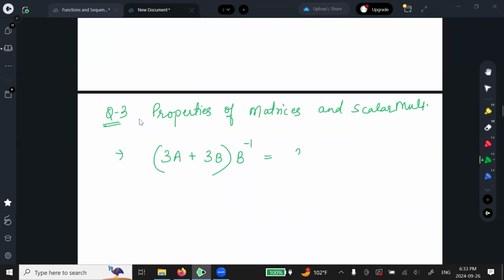Simplify this. So A goes with B inverse plus 3B times B inverse, right? Questions like this, like what is the product of A times B inverse? What is it? B inverse times A inverse, right? Just memorize, read lecture notes, basically. Okay?